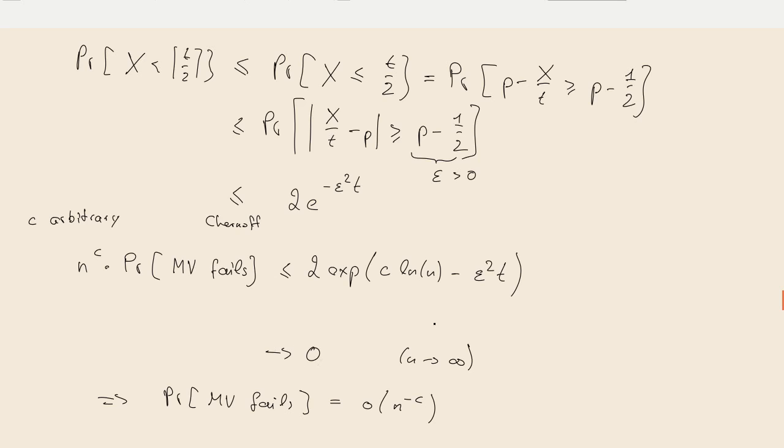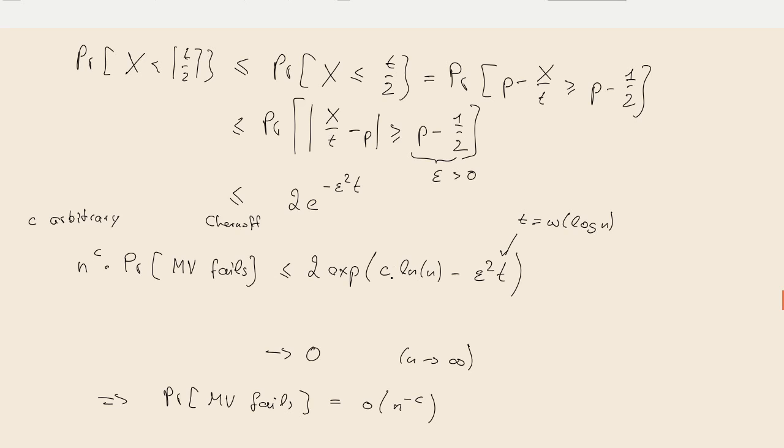So this term goes to 0 if the argument of the exponential function goes to minus infinity, right? And this goes to minus infinity whenever this grows faster than this. So if we make t grow strictly faster than logarithmic, then this term will eventually dominate whatever is on this side.